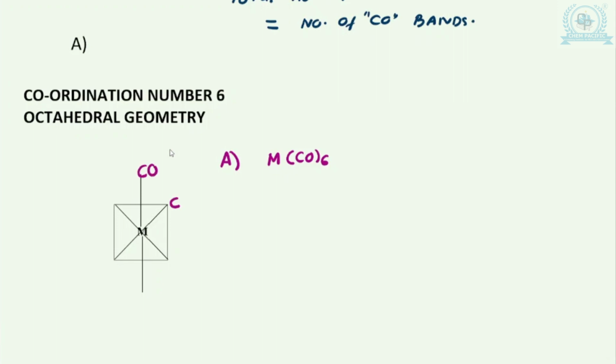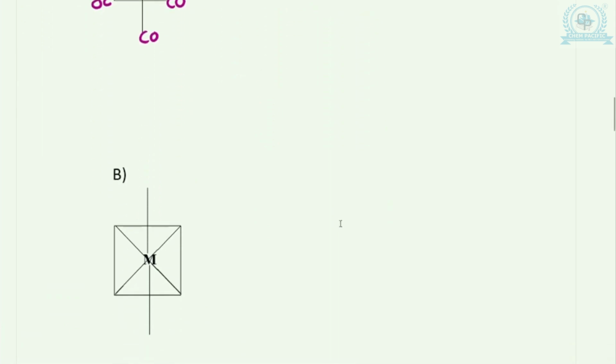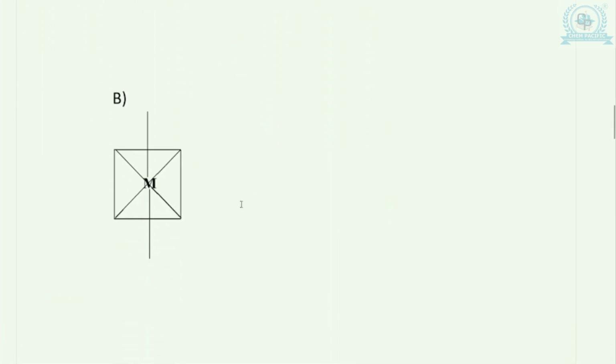So this is the most symmetrical complex, that is M(CO)6. Okay, in this first example you have only one CO band. So in this type of extremely symmetrical structures, you have one CO band. Now let us take this to a more advanced level.